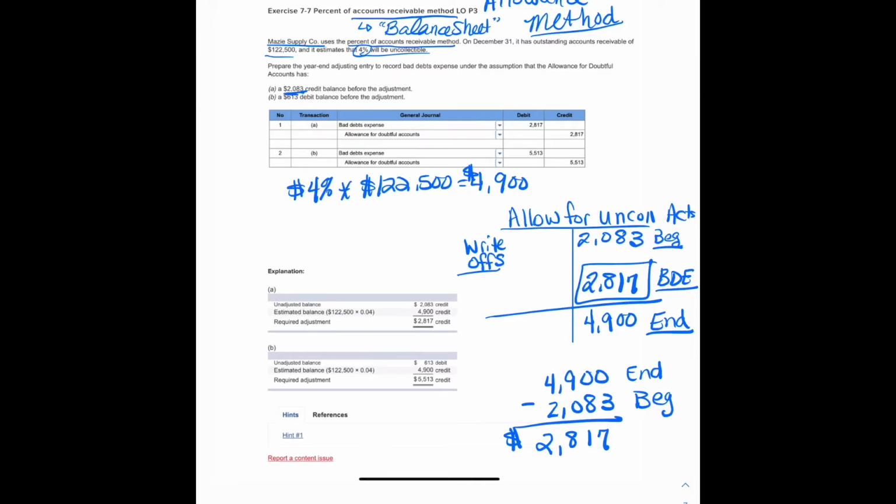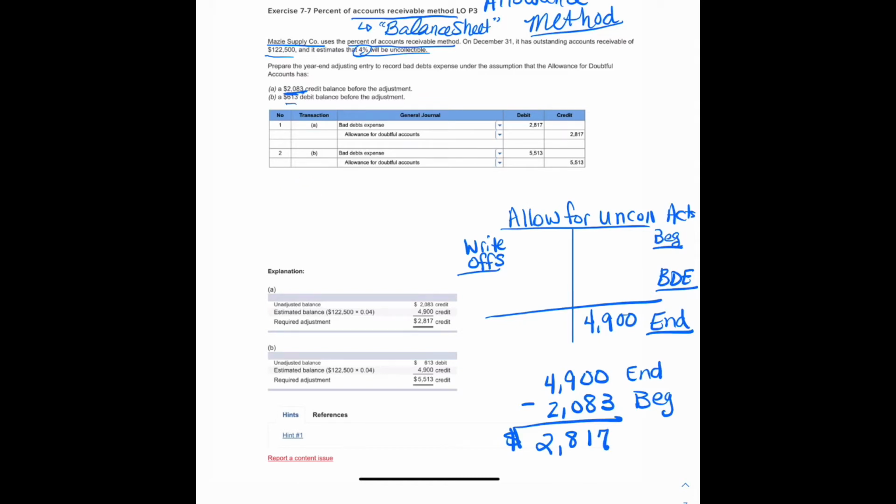Now the second question, and I'm just going to clear out some of this. Just so we have it, is to do this, but now instead of beginning with a credit balance, I'm going to begin with a debit balance.